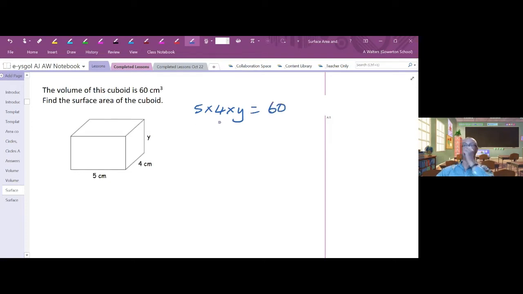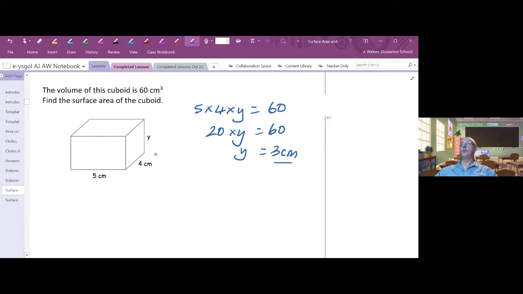So what I've done is I've multiplied the length by the breadth by the width, or whatever you wish to call each dimension. So 20 times something is equal to 60. So that value of y is equal to 3 centimeters.